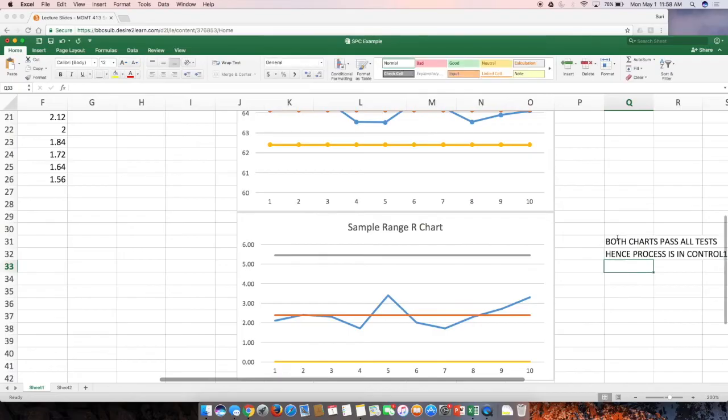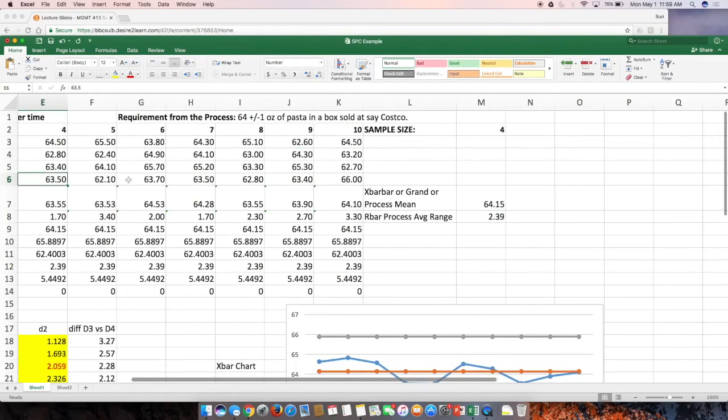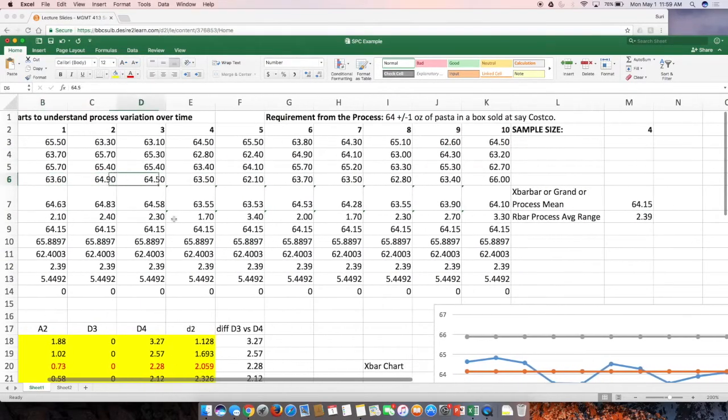That's my certification. That's my story, and I'm sticking to it. Right? Why? Because I checked for all the rules. Everybody good? Now, one last point, which is look at this particular value. Here, I'm going to highlight this number. 62.10.